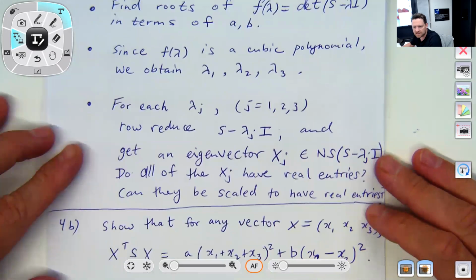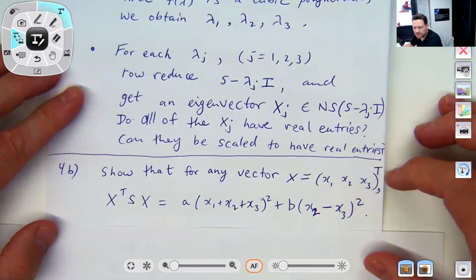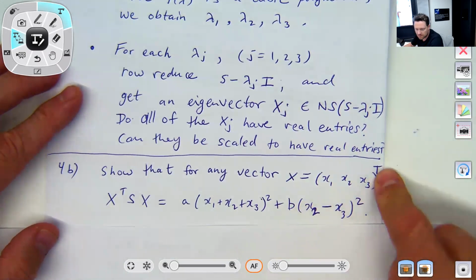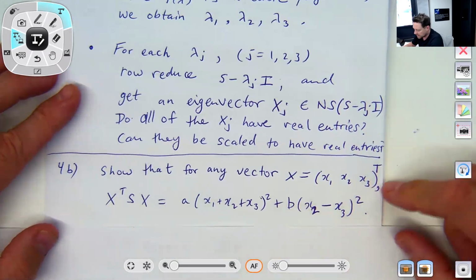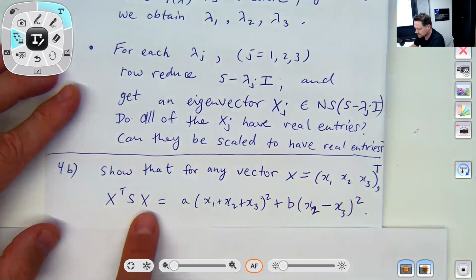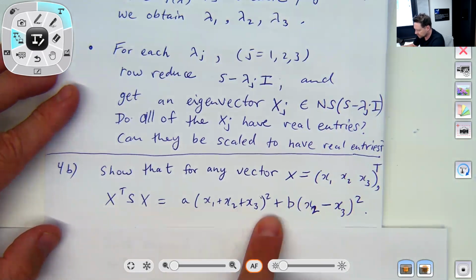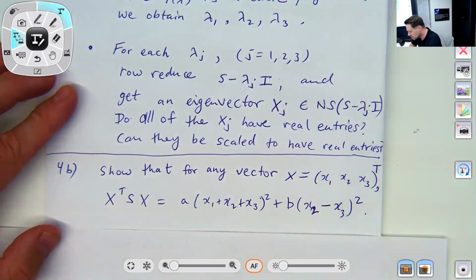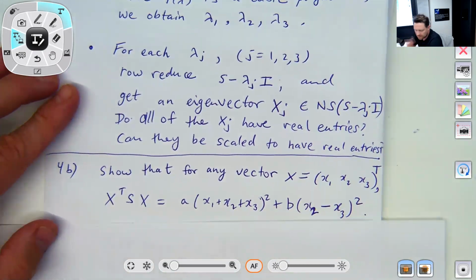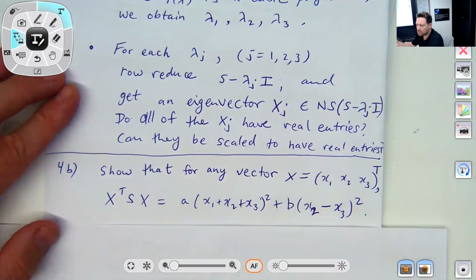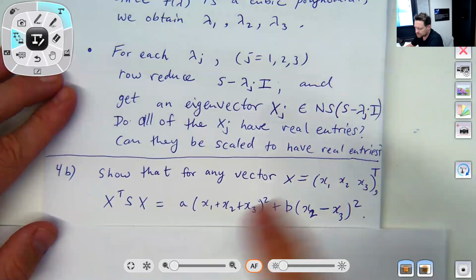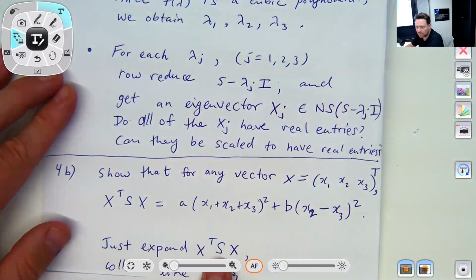All right, next one says, show that for any vector x equal to x1, x2, x3 transposed, so this is a column vector, x transpose S times x is a times this sum squared plus b times this sum squared. Your hints: it's a very easy exercise, so I don't want to say much about it. What you really want to do is just plain expand this out.